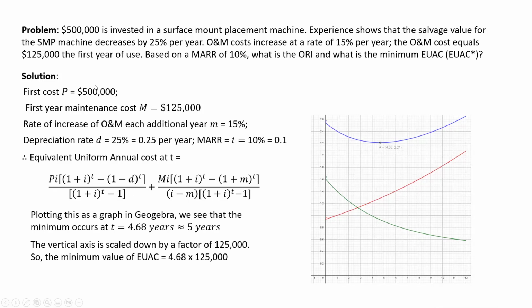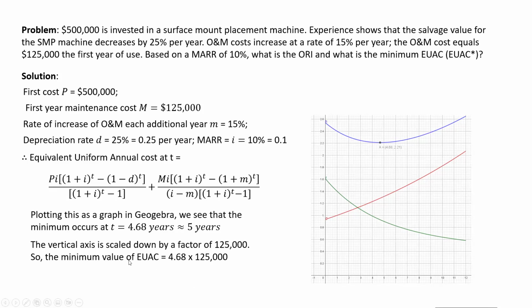Meaning P is 500,000, M is 125,000, right? But if I factor out a 125,000, then I have 125 times 4 is 500,000. So I have 4i here and 1i here. And that's what I plotted.